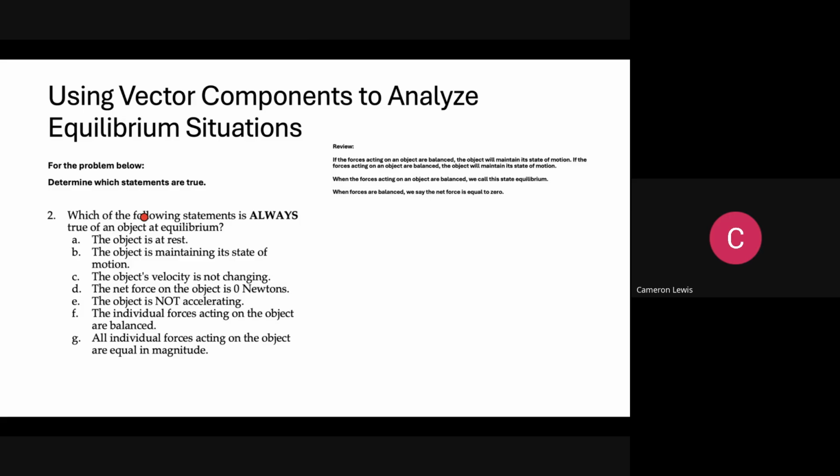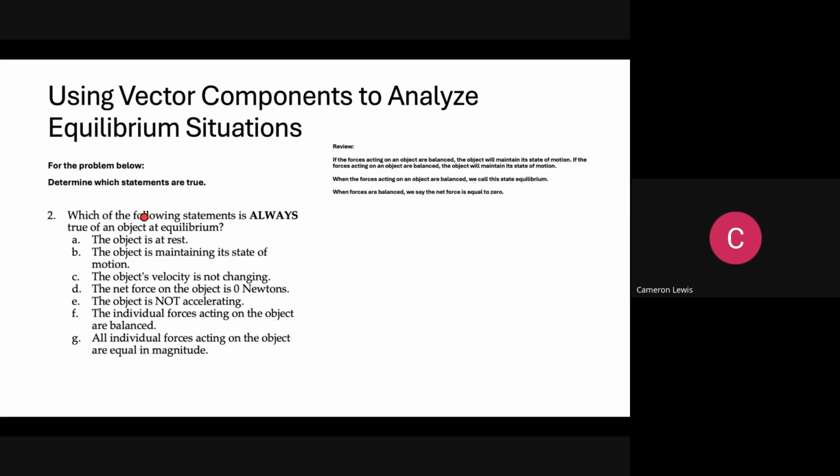From unit 1, we talked about balanced forces, and I'm going to just read through the review. If the forces acting on an object are balanced, the object will maintain a state of motion. Do you remember what law that sounds like? Newton's. If the object is at rest, it remains at rest. If an object is in motion, it only changes when acted upon by an outside force.